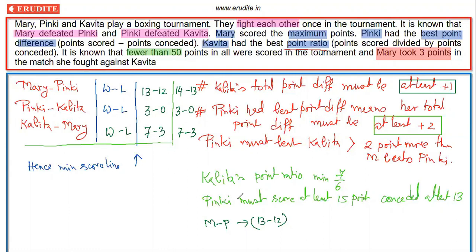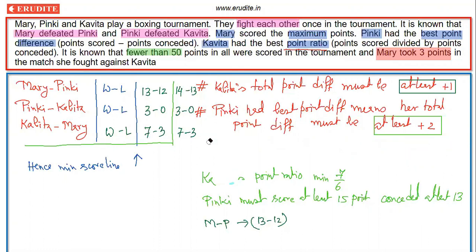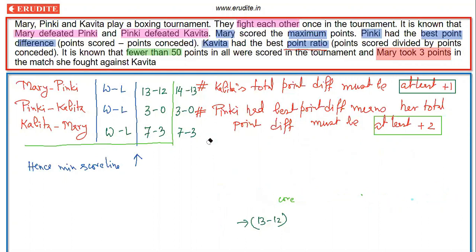Now, all of the information, if I consider, then what are our important points, how we can take it in this case. Here, Kavita's point ratio needs to be the best.